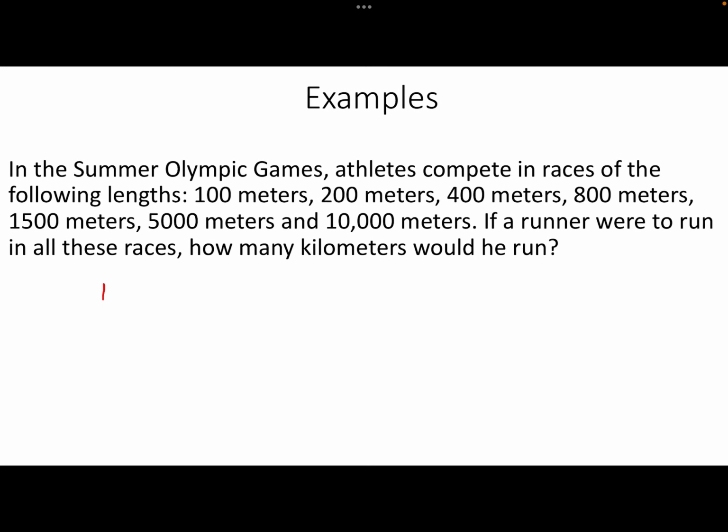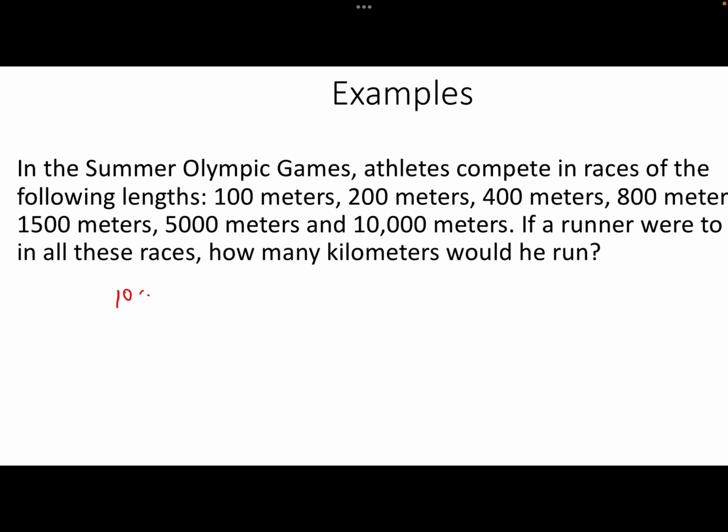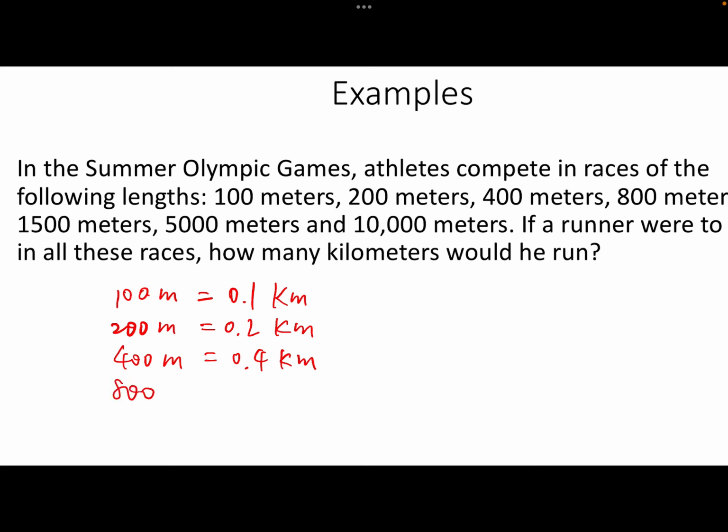So we just have to convert each of them. 100 meters is equivalent to what? 0.1 kilometer, right? Similarly, 200 meters equals 0.2 kilometer. 400 meters equals 0.4 kilometer. 800 meters equals 0.8 kilometer.